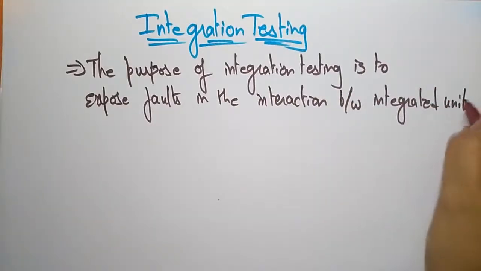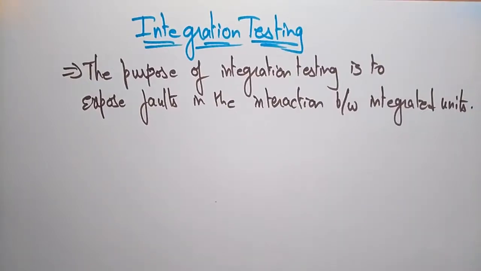The main use of integration testing is to expose the faults. How can it expose the faults? While there is an interaction between the integrated units, you will get some faults, the faults will be raised, so they have to be tested by using integration testing.